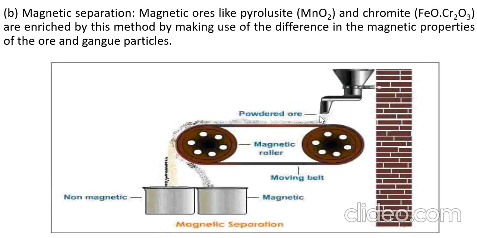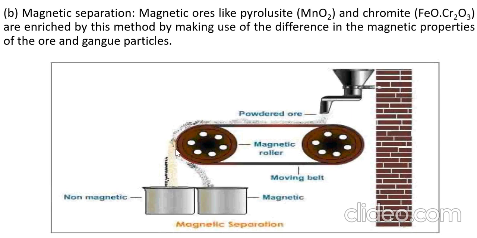So in this case, as you pour the powdered ore on top of the roller's conveyor that is moving, it separates the earthly materials. They are non-magnetic, so they will just flow, while the ore, the metal which is magnetic, clings onto the roller and is then separated.